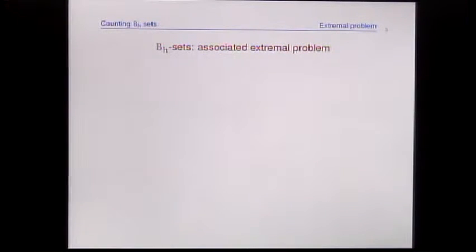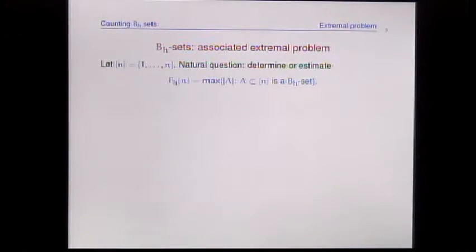Okay, so let me start with an extremal problem associated to BH sets. So the extremal problem is as follows. I will use this notation often, so brackets n is the first n positive integers. I'm interested in BH sets A, which are contained in brackets n, and I want to know how big they can be.